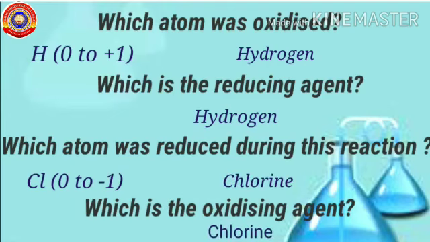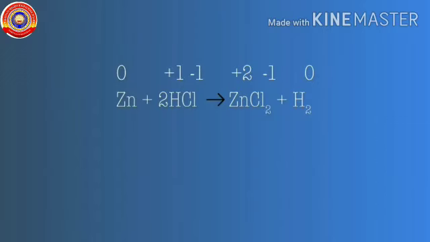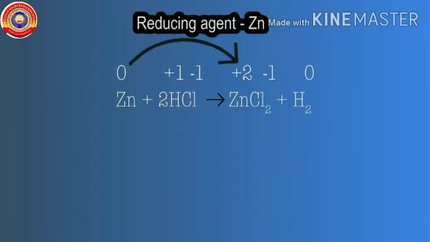Is that clear? Let's see another example. The reaction of zinc with hydrogen chloride to form zinc chloride and hydrogen is given. See what change happened to the zinc. The oxidation number of zinc increases from 0 to +2, which results in oxidation, hence it acts as a reducing agent.